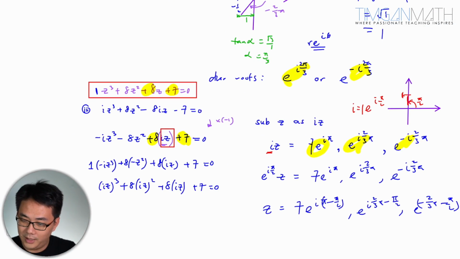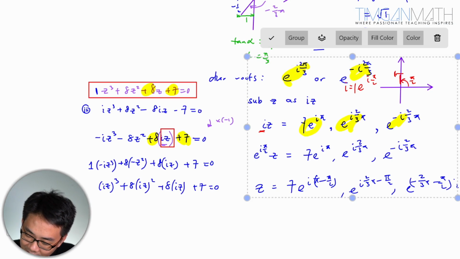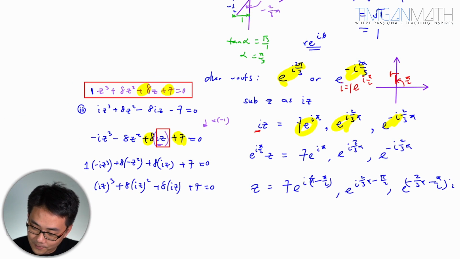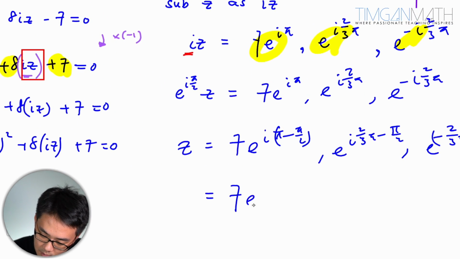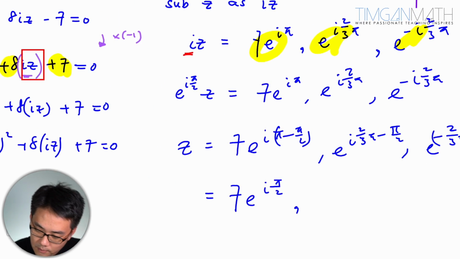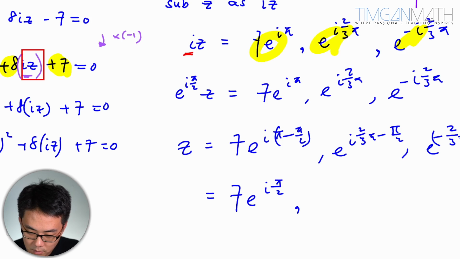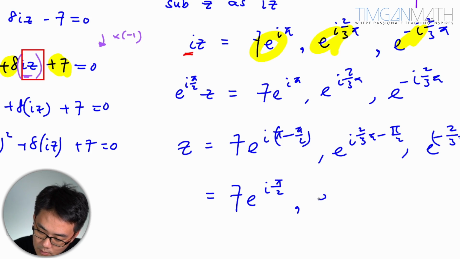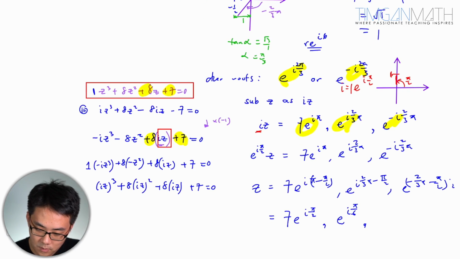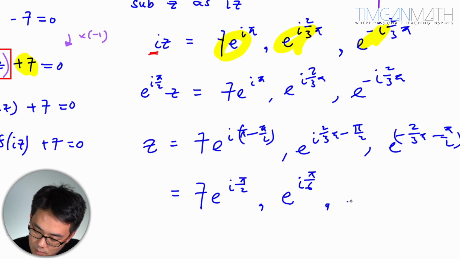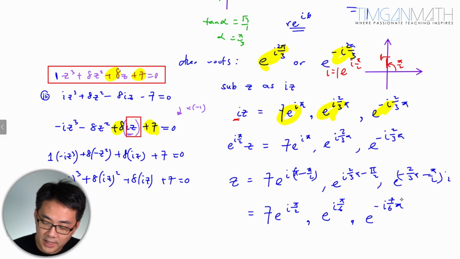Okay. A lot of things to write. Okay. Then just key in the calculator. So this would be negative 7/6 π, can add 2π.